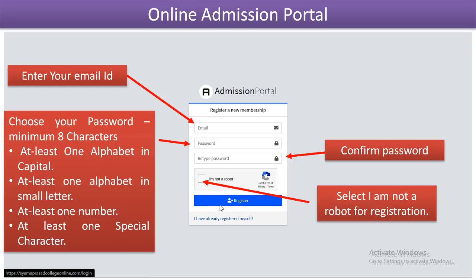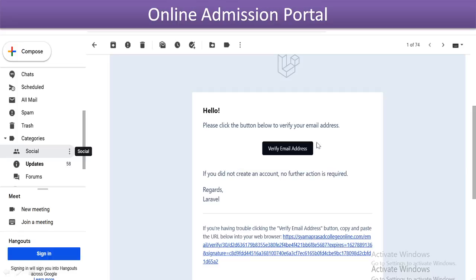Now when you click on register, your email ID will be verified. For that, the portal will send a verification link to your mail ID. Now open your mail ID and you will be able to see a mail similar to this.